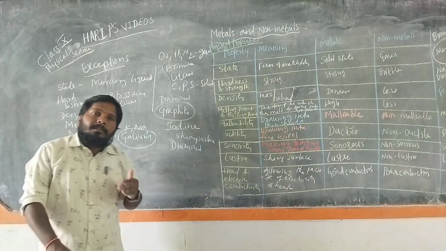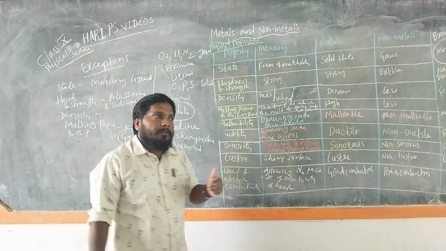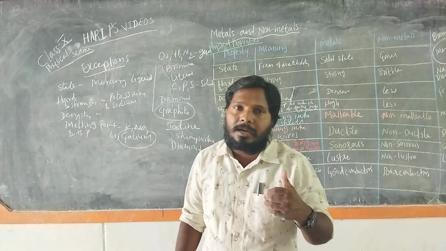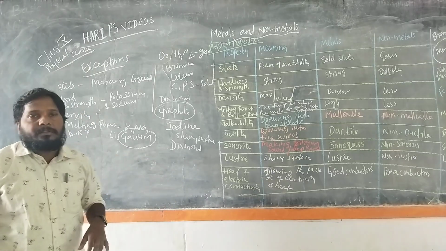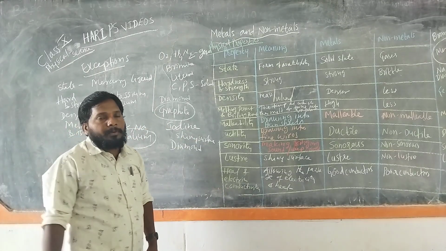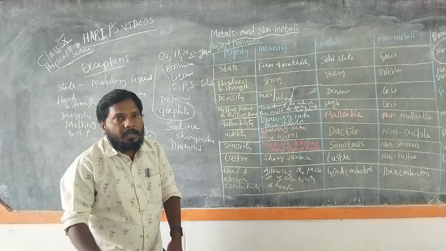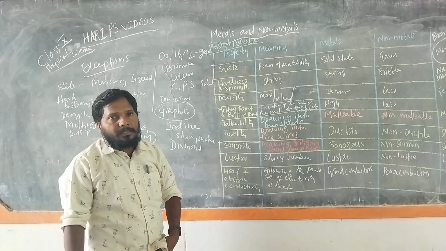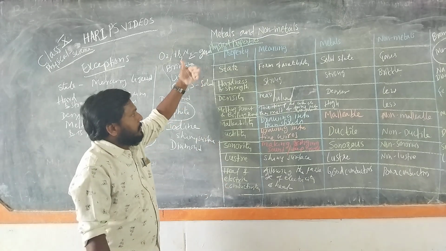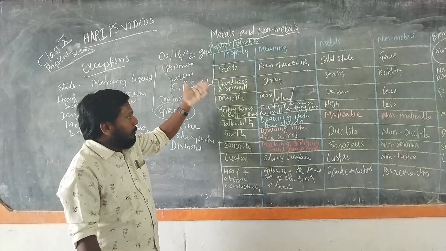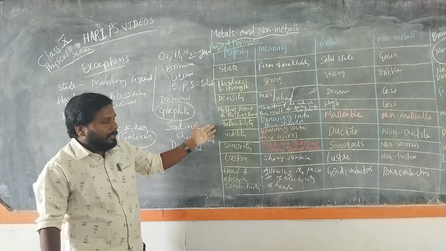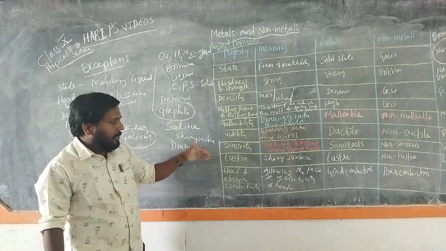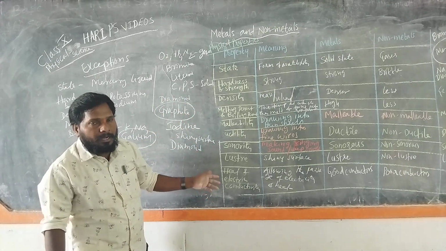Metals are the elements which form positively charged ions. After the discussion of physical properties, you can say that metals are the elements which have solid state, more strength, more density, high melting and boiling points, and are malleable, ductile, sonorous, lustrous, and allow heat and electricity.